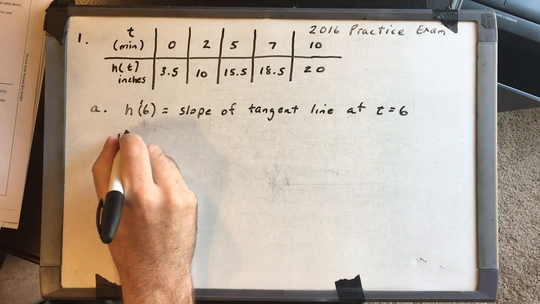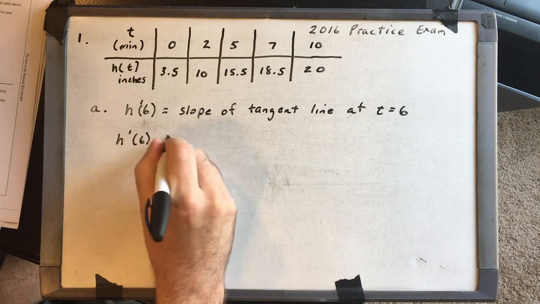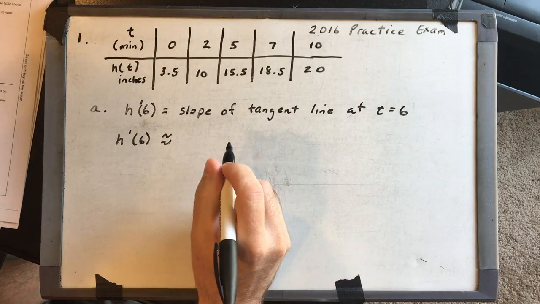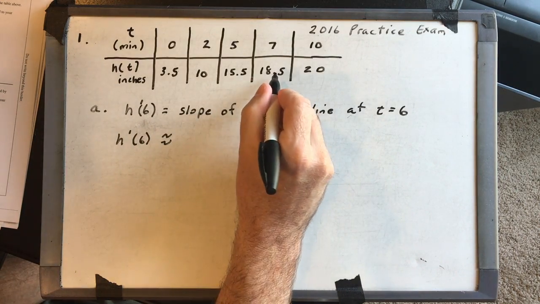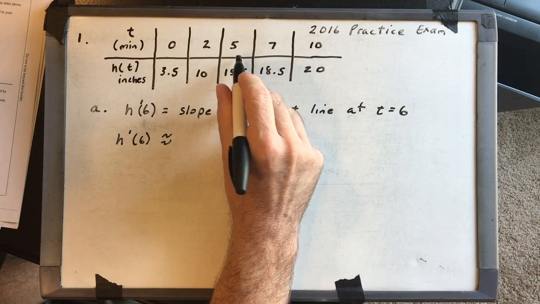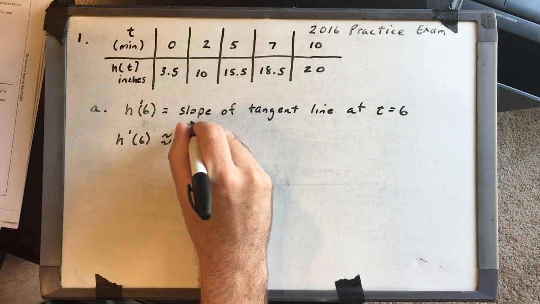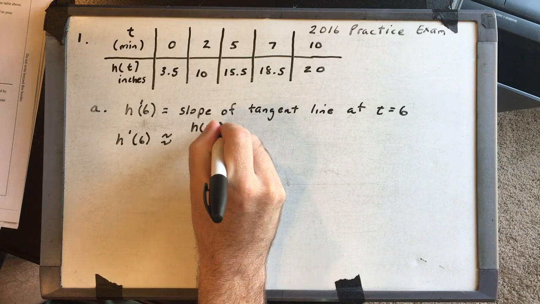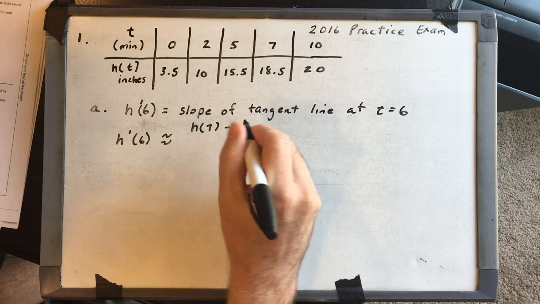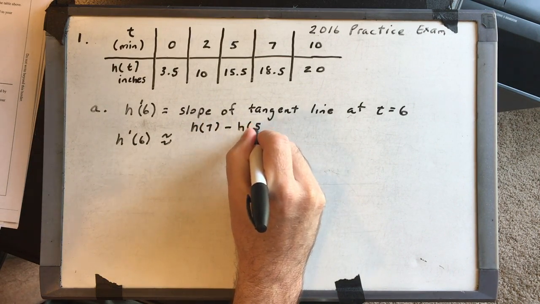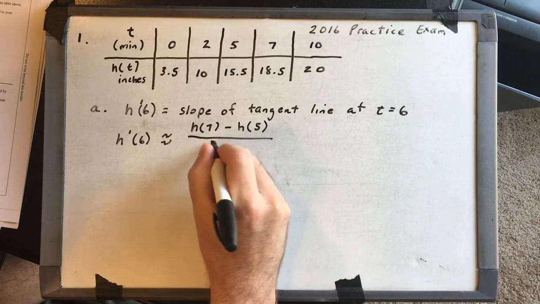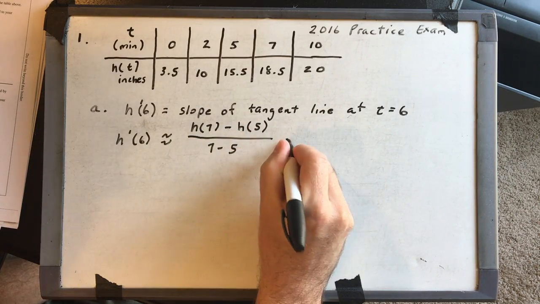Okay, so h prime of 6 is approximately equal to h of 7 minus h of 5, so the number of inches at 7 minus the number of inches in the tank at 5, over 7 minus 5.